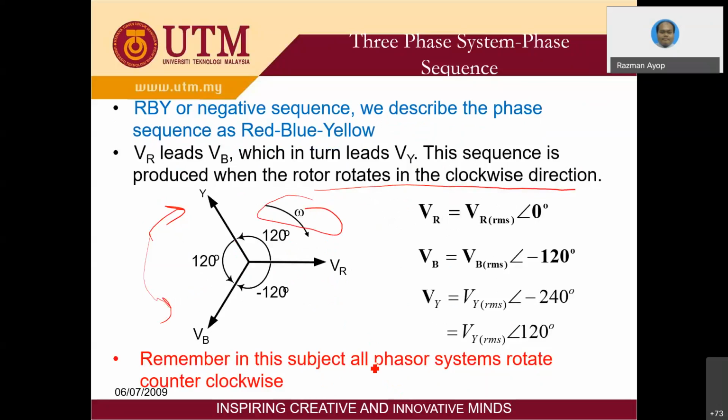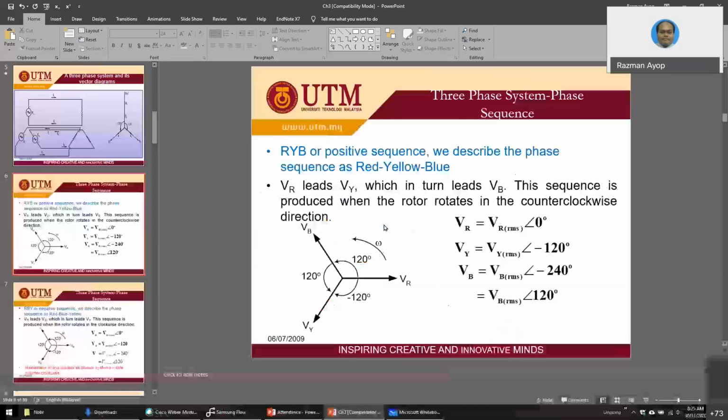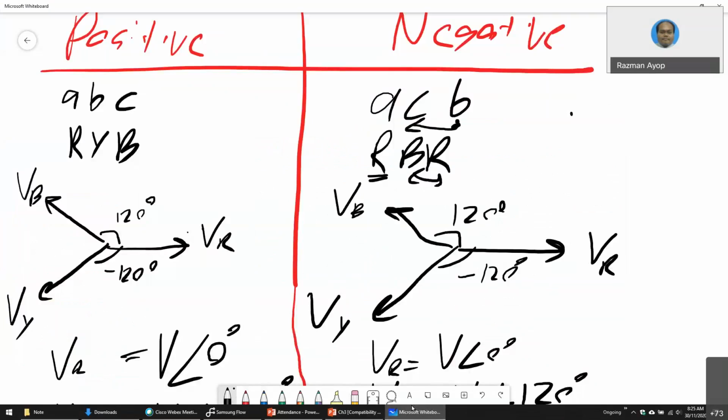This one is also important. For this class, we use positive sequence. For this course, make sure you use positive sequence, R, Y, B. So make sure you use the correct one.